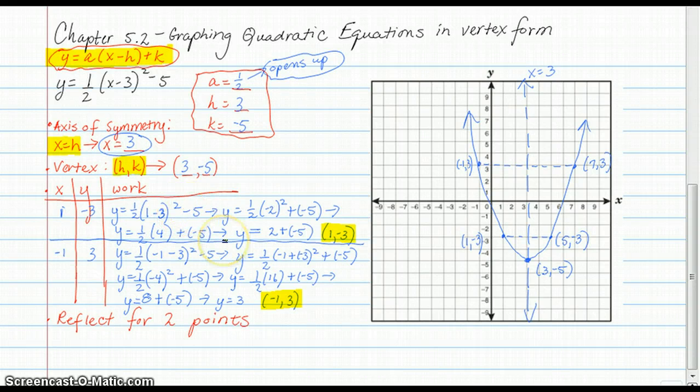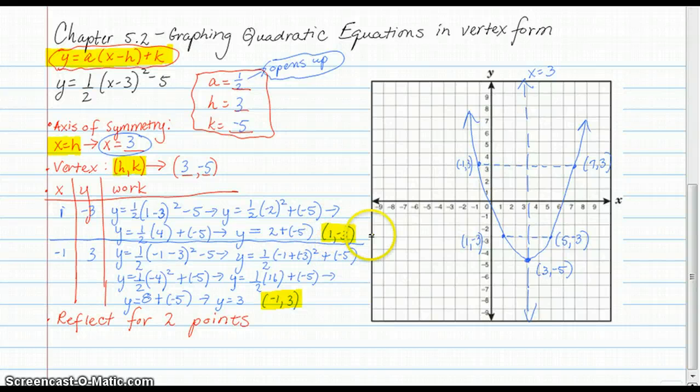I knew I could take half of that. And then here I chose -1, so -1 minus 3 would be -4, squared would be 16, and I could take half of that. So both of them allowed me to take half and not end up with fractions, which is why I chose 1 and -1. But if you chose other things, you just had fractions you had to deal with.